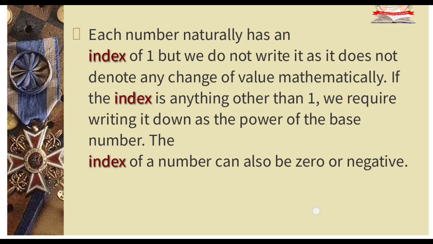If the index is anything other than 1, then you are required to write it down as the power of the base given to you. The index of a number can also be 0 or negative. As we proceed in this class, we're going to discuss this extensively.